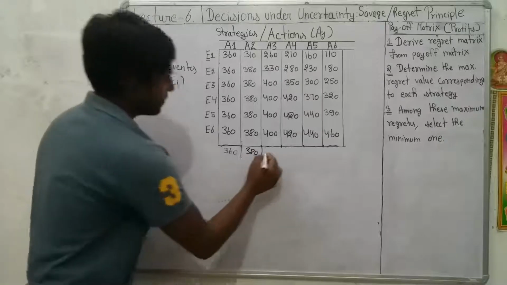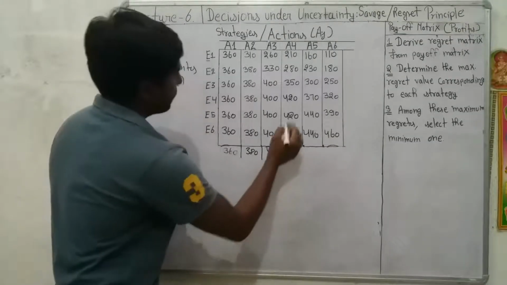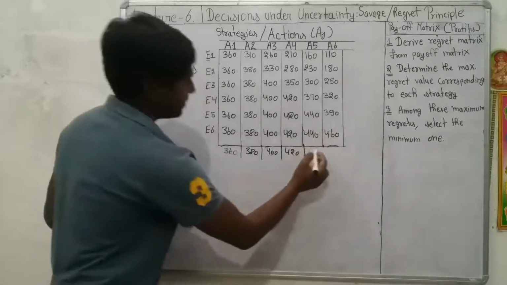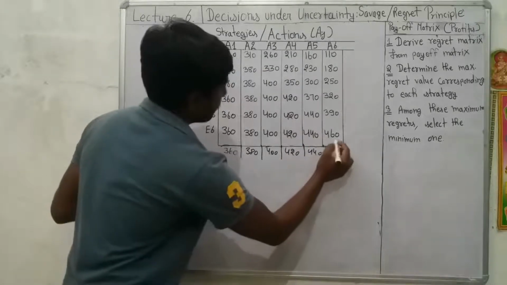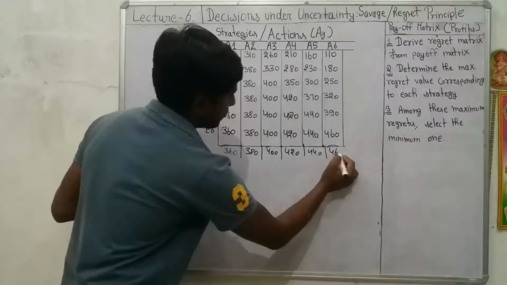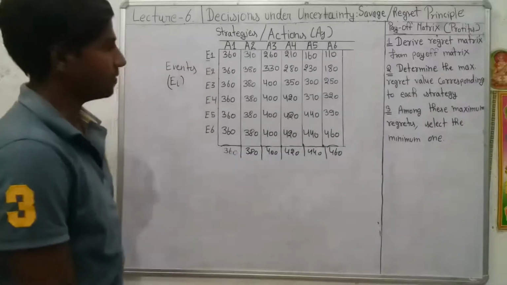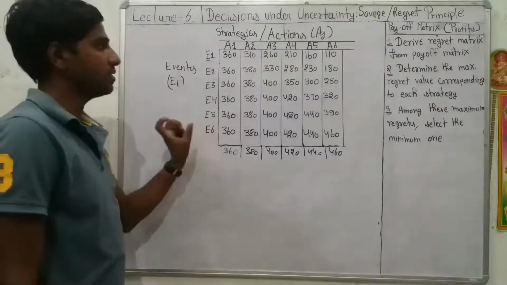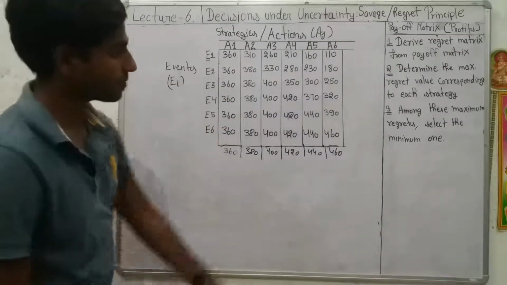For the third action it is 400. For the fourth action it is 420. For the fifth action it is 440, and for the last one it is 460. So by following step 2, we determine the maximum regret value for each strategy or each action.